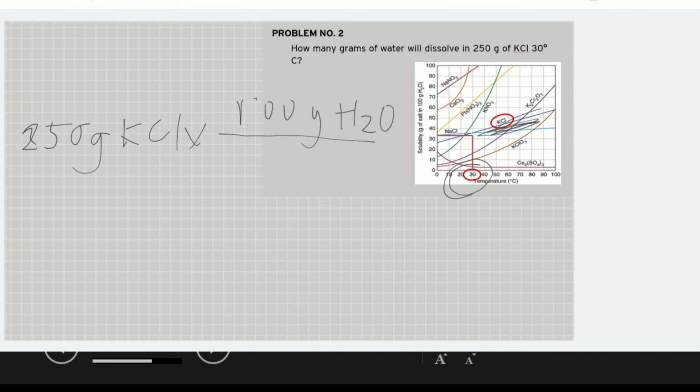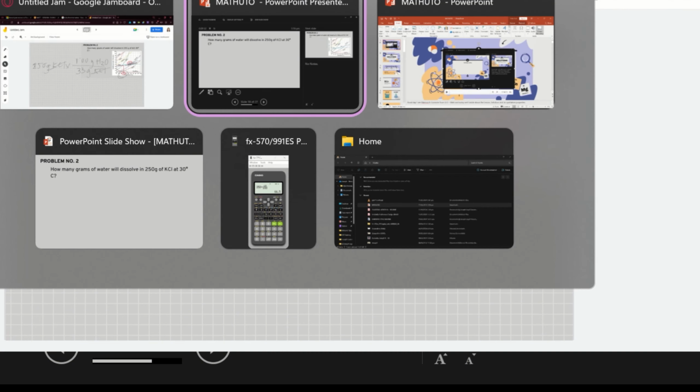So it's much of the lower part, so we'll assume that it is 33 or 35. So we'll take 33 grams of hypochlorite. And then cancel, and calculate it.